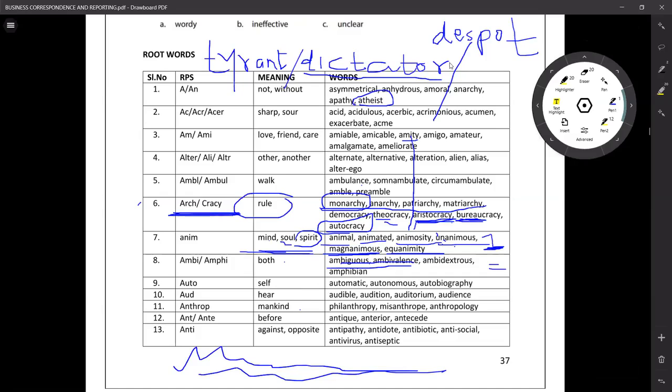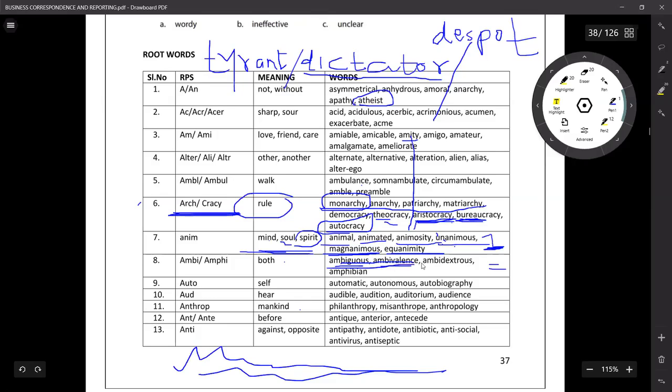What would you say? Ambiguous or ambivalent? Correct. Very good. You will say ambiguous. Ambiguous means unclear. The writing is very unclear.